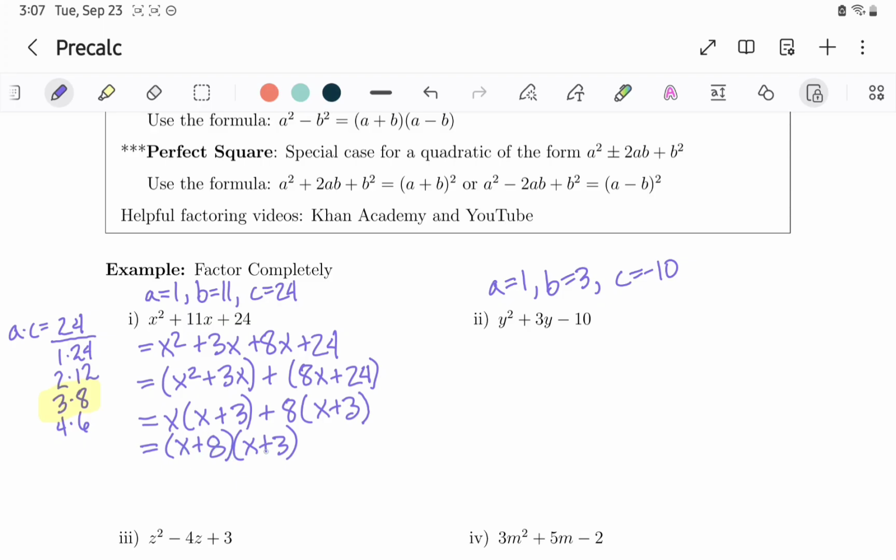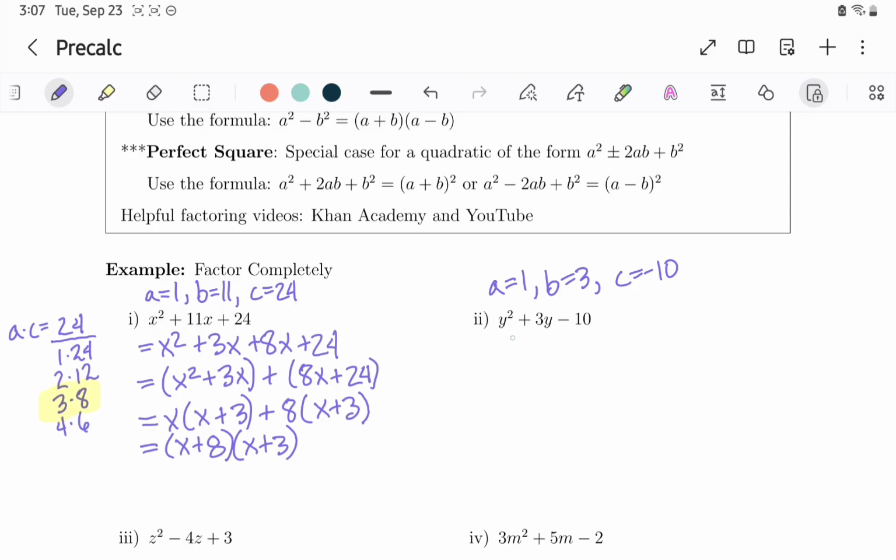So we had x plus 8 and x plus 3. So whenever the leading coefficient is 1, so whenever a is equal to 1, once we figure out our two numbers from the AC method, that is the two numbers n and m whose product is equal to a times c and whose sum is equal to b, we can go straight to writing our two binomial factors.